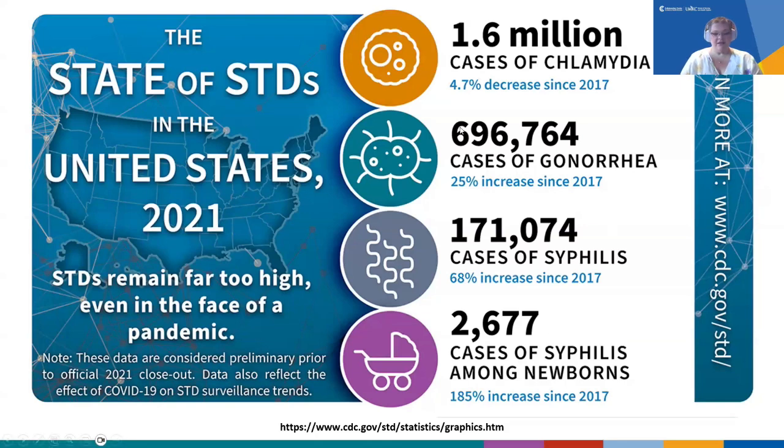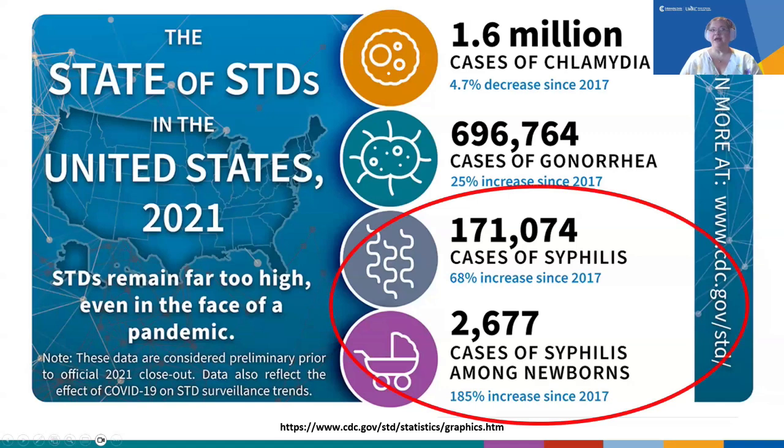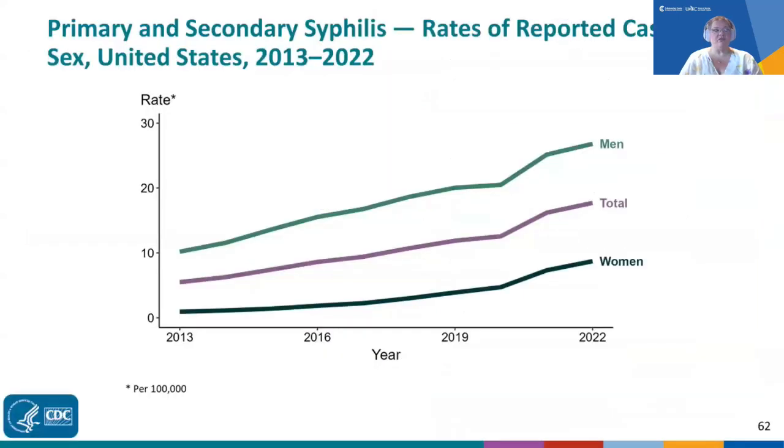I'm just highlighting for you why this training is so important and why screening for syphilis matters. The CDC put out some information about the rise and increase since 2013 in men, women, and then the total increase. As you can see, the rate in women is increasing.